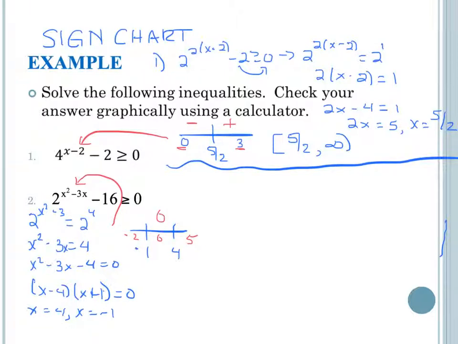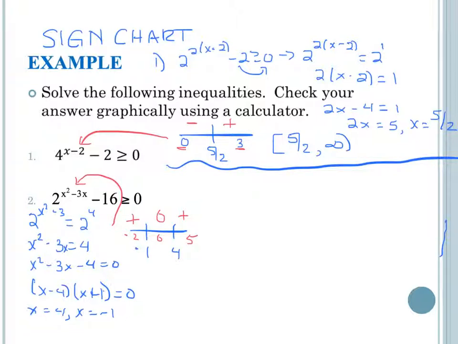When I plug in 5, I get a really big number, and that's got to be positive. And when I plug in -2, that has to be positive because I'm subtracting off a negative, like a negative gives me a positive.